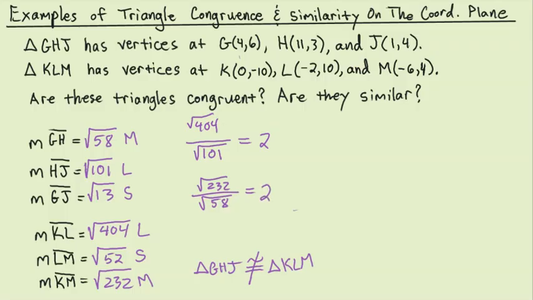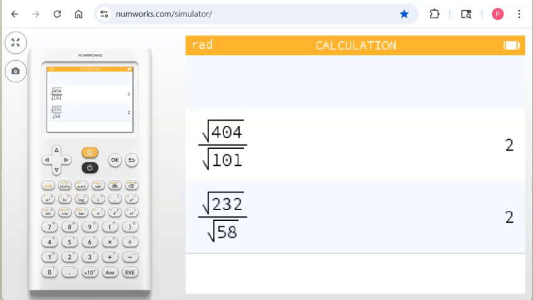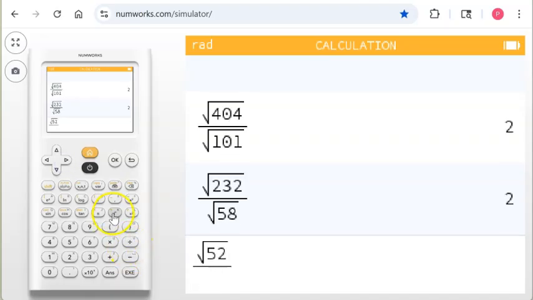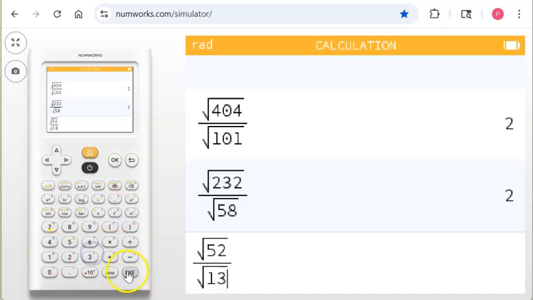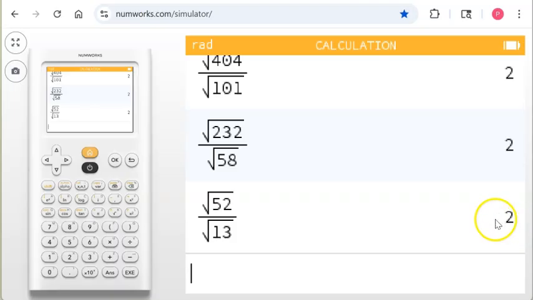Let's see what we got on this other one. We'll take the larger triangle's smallest side, the square root of 52 over the square root of 13. On the calculator, we go to the square root of 52, come out of the radical, hit divided by the square root of 13, and sure enough, 2.